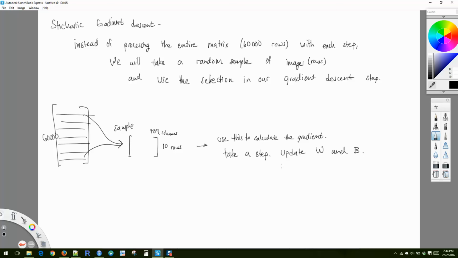If by random chance your sample of 10 all had the digit 1, then it's going to say the best way to optimize is to go this way, and then you take another sample and maybe they're all 8s, and it's going to look different.